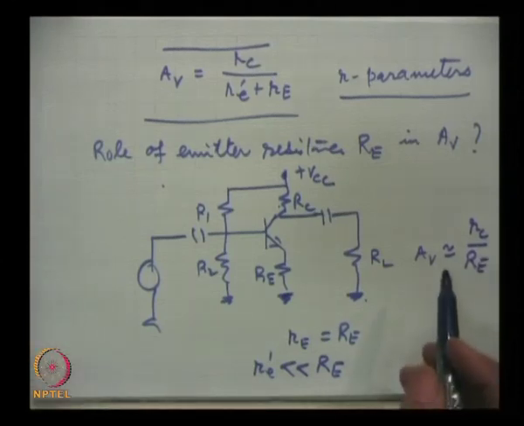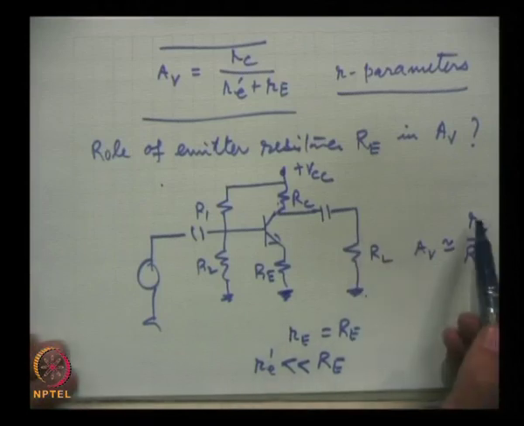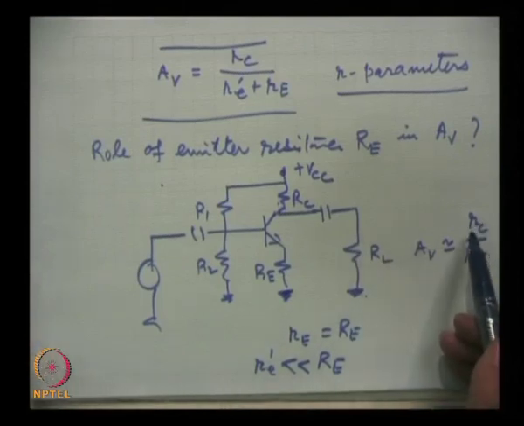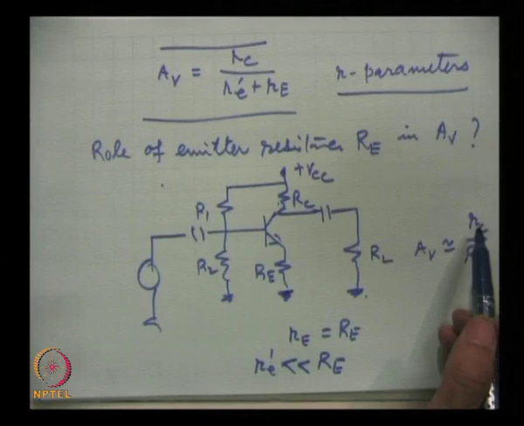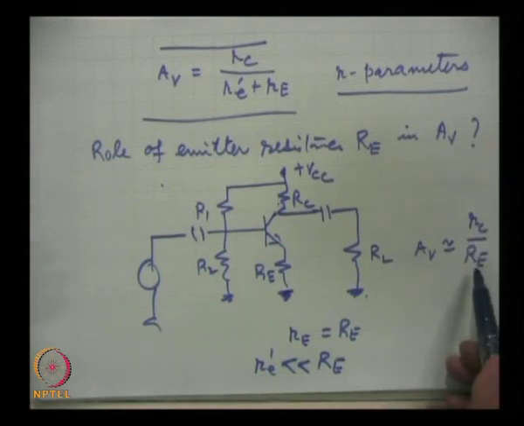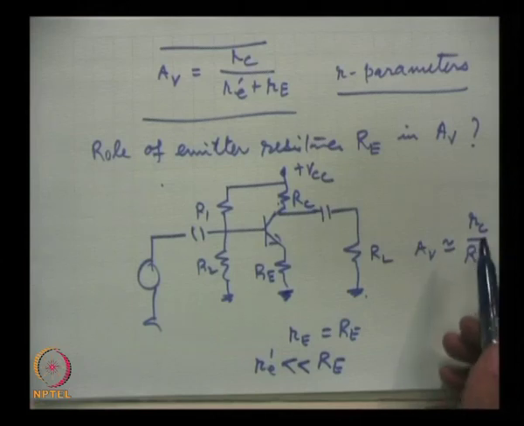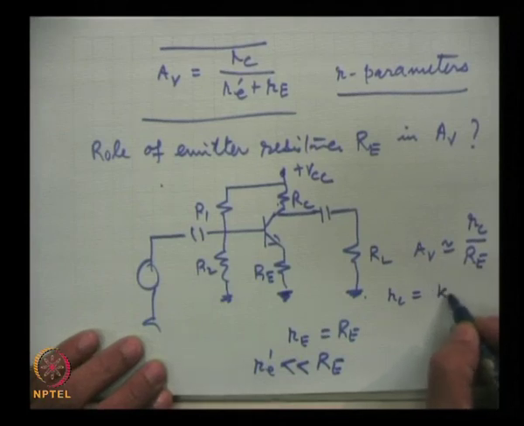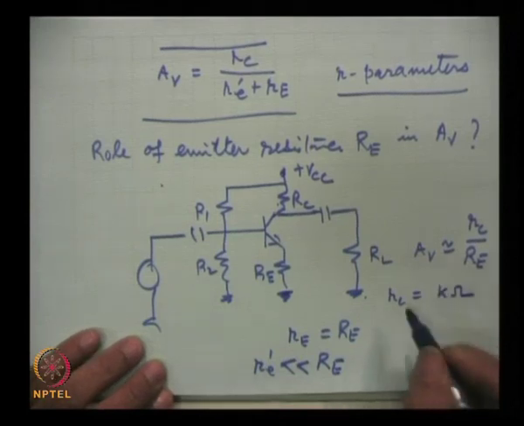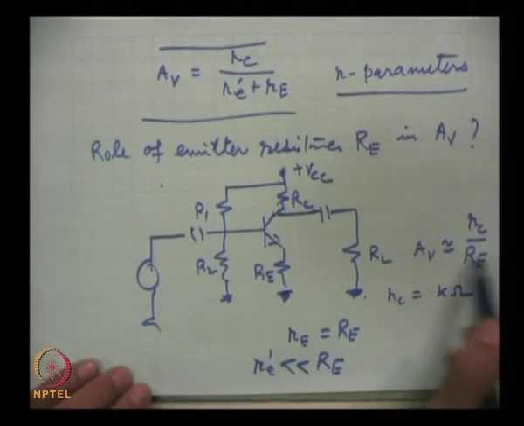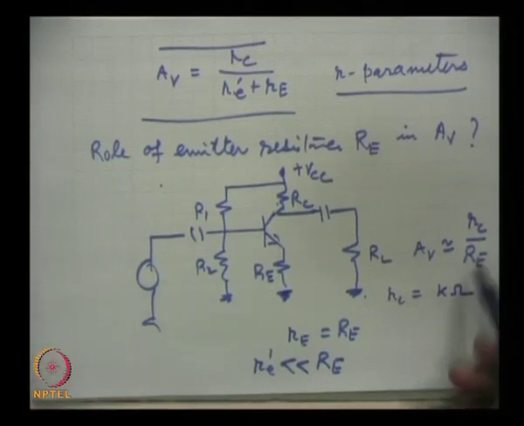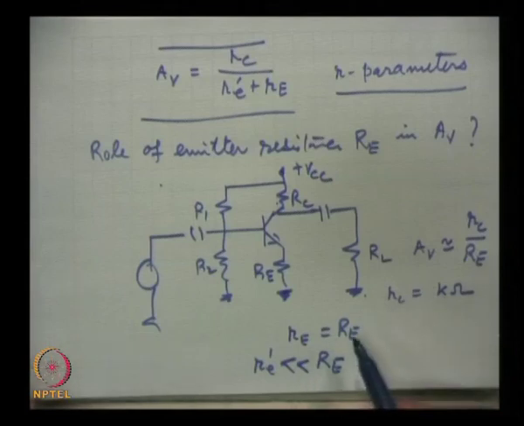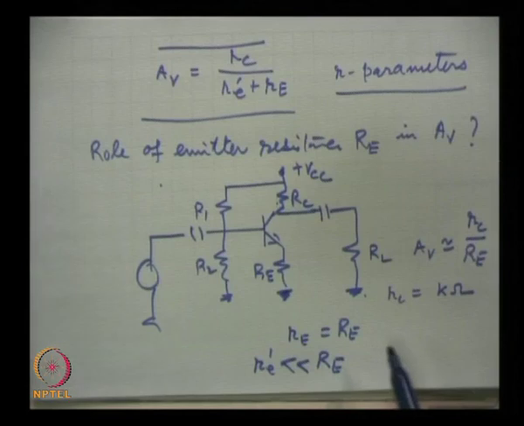The collector resistance will also be in kilo ohms, 1 or 2 or 3 kilo ohms, and this is also in kilo ohms. So, the gain will be extremely low, because both are almost of the same order. The gain AV will be low, 3, 4, 5, drastically reduced.